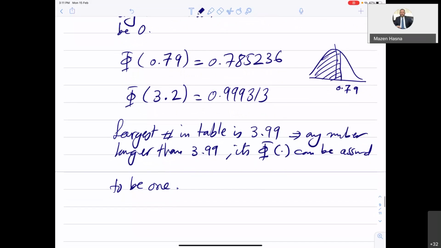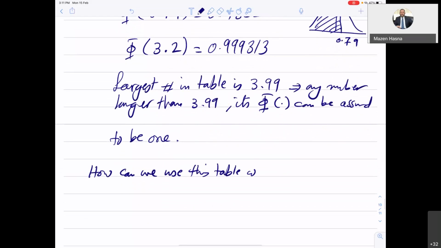So how can we use this table with other normal distributions?